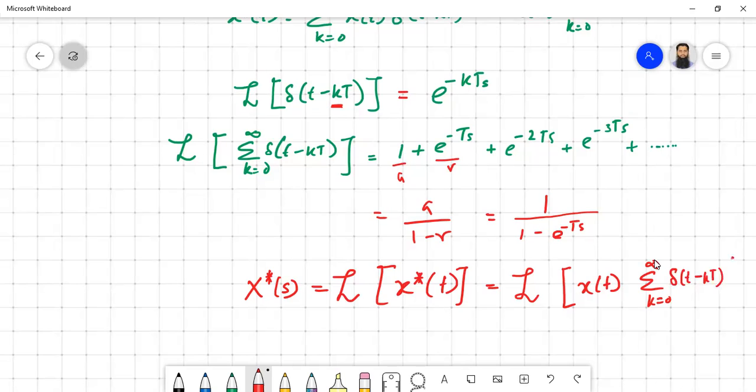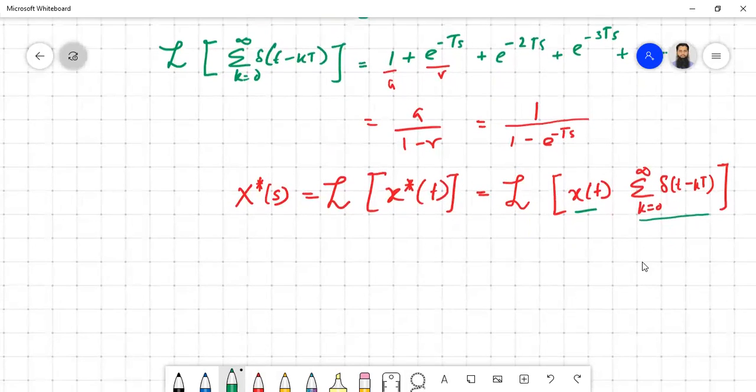From the theory of the Laplace transformation, we know that the Laplace transformation of the product of two time domain signals is not simply their product in the Laplace domain.